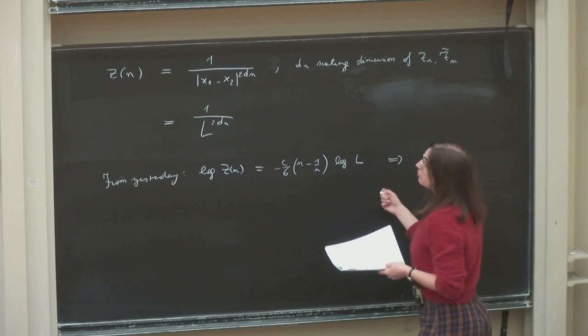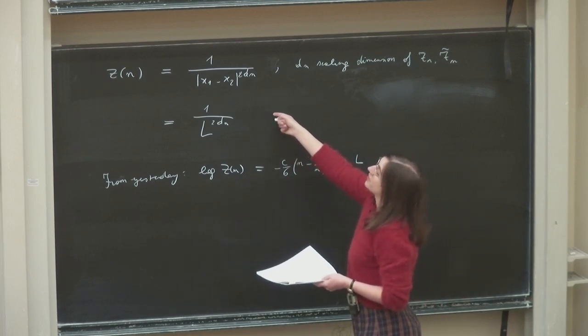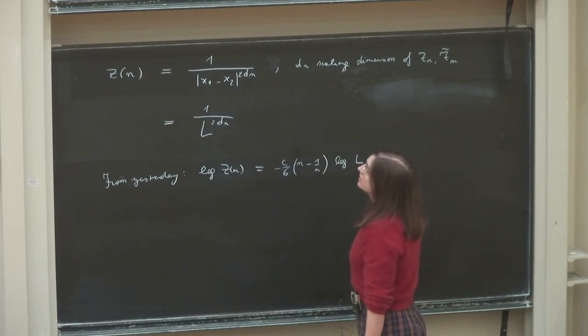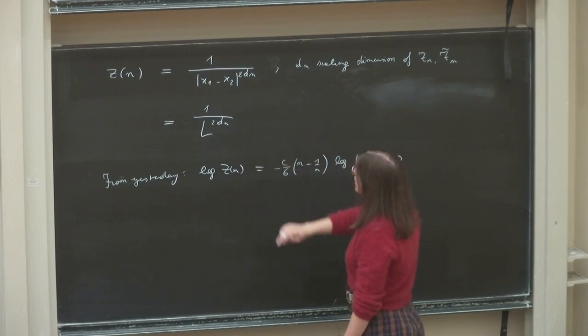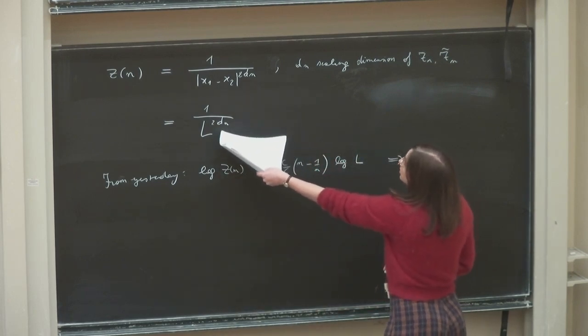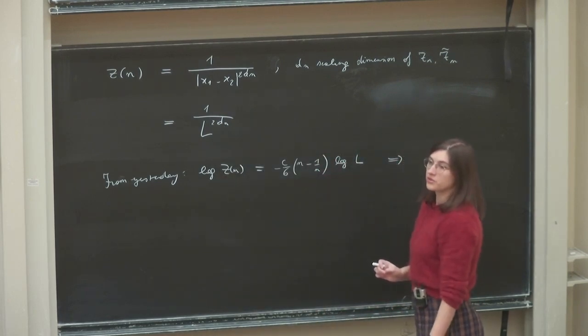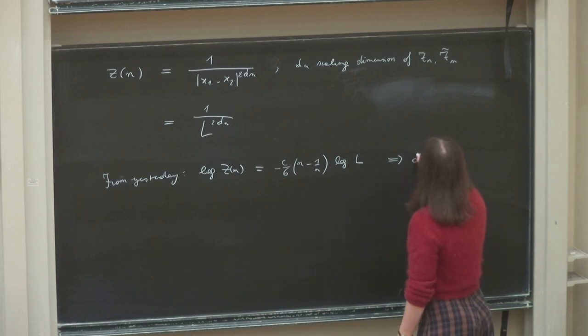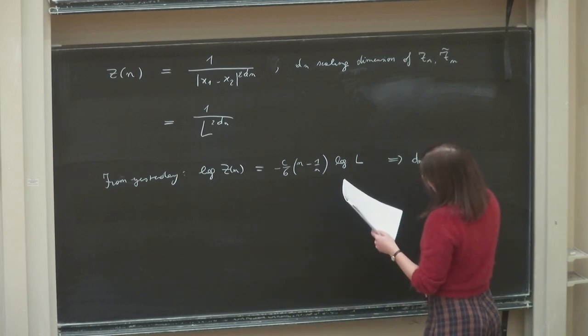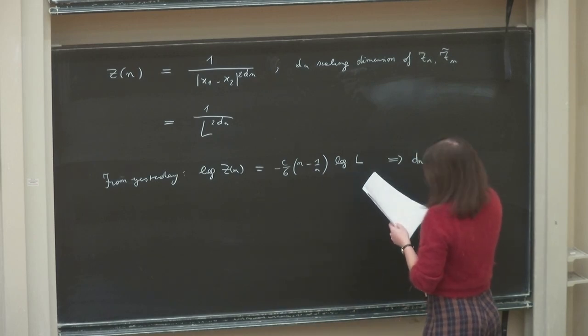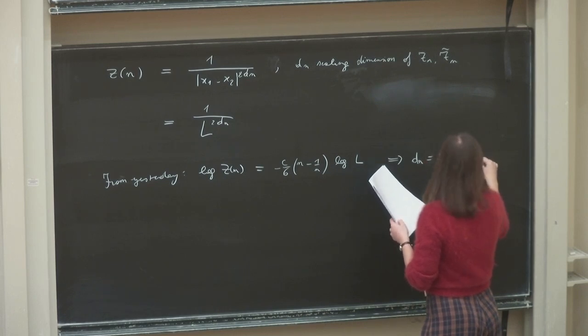Which means if we compare it to this twist field correlator interpretation of Z_n, we can read off what the scaling dimension of these twist field operators is. Namely, we can read off that they have a scaling dimension which is c over 12 times (n minus 1 over n).